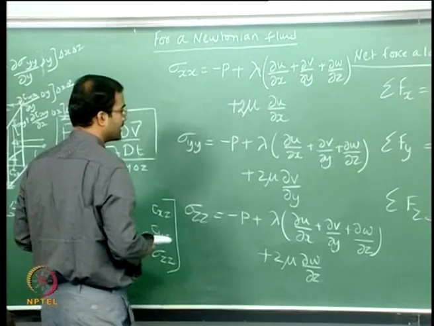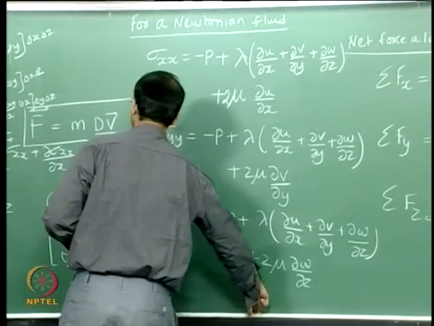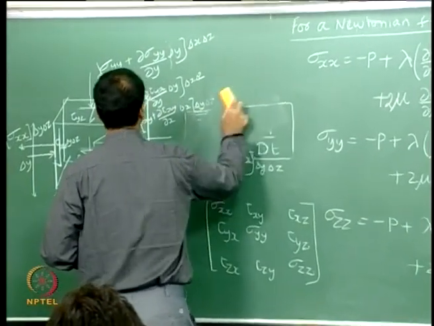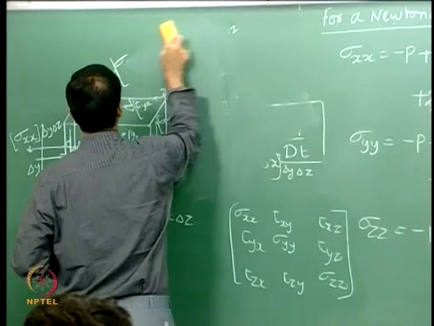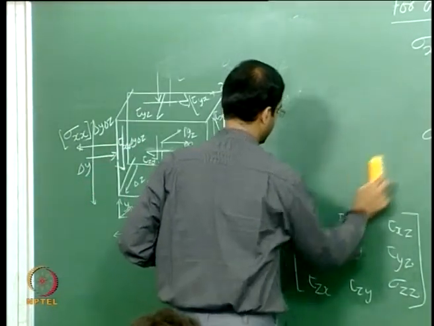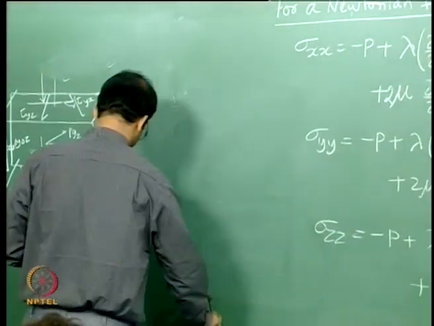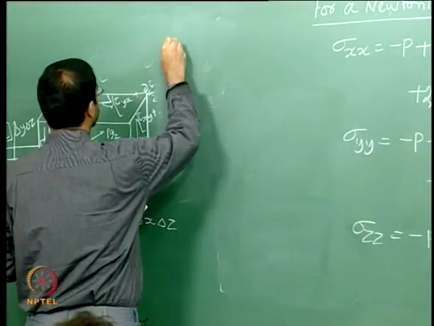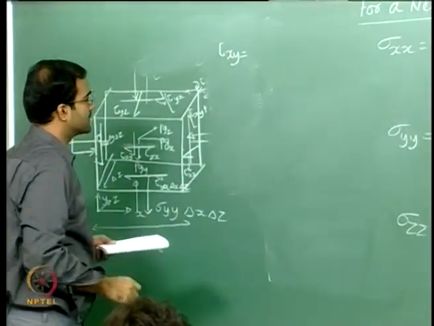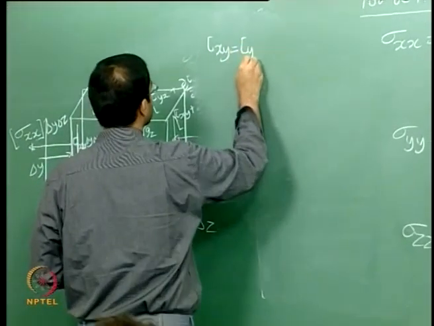And how about the shear stresses? The shear stress can also be expanded in a similar form for a Newtonian fluid. So let me erase these portions. So we have tau xy. We have already shown that for inducing no rotational force on the control volume, this should be equal to tau yx.